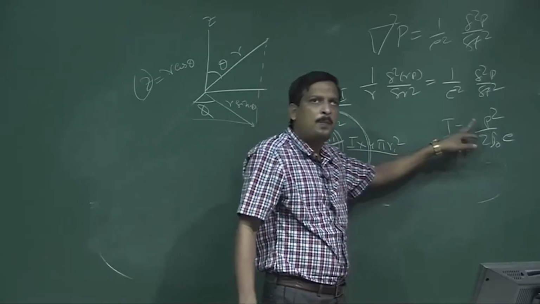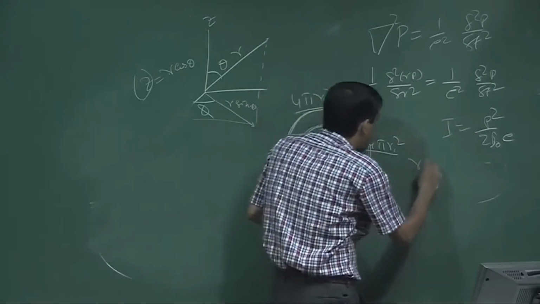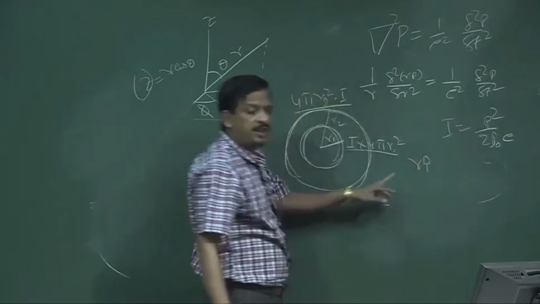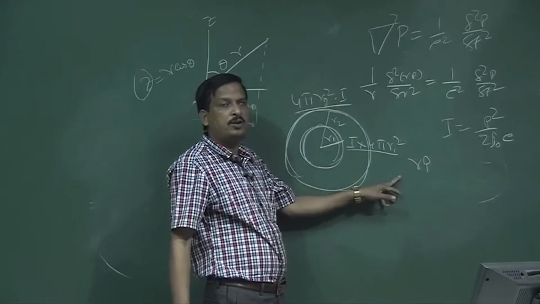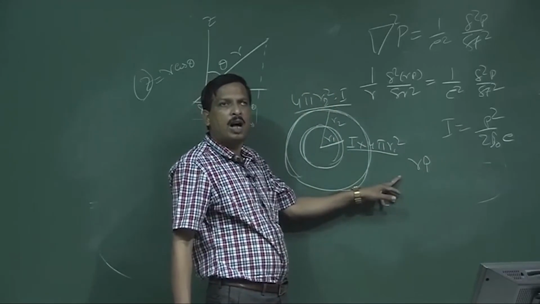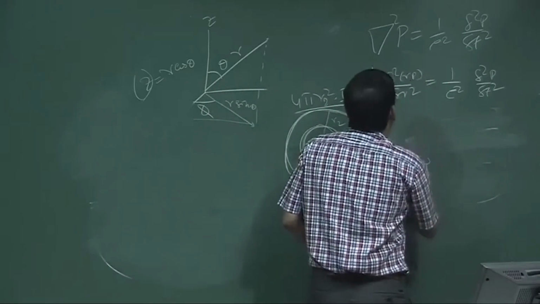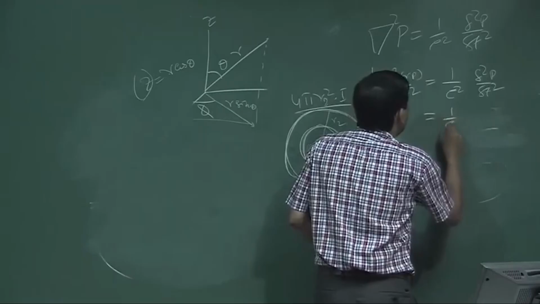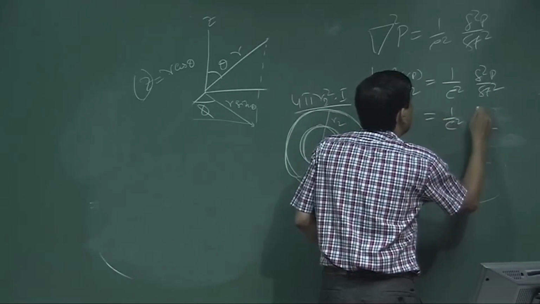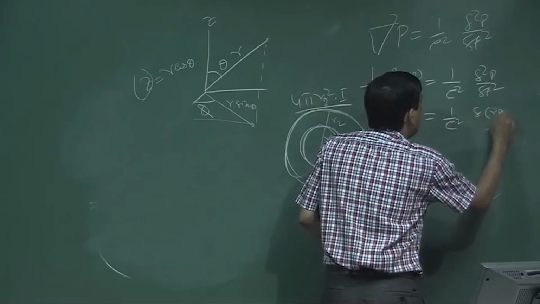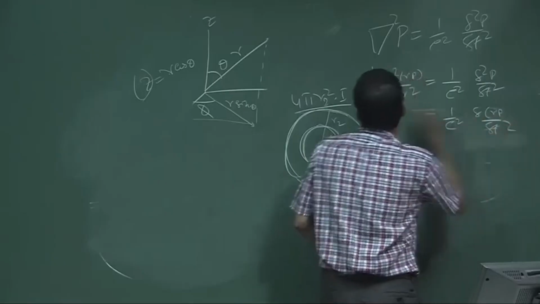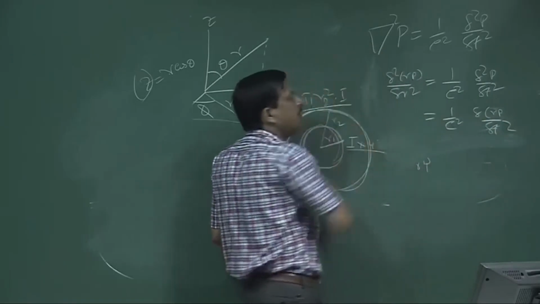So, instead of p, I consider rp as the parameter, rp is the pressure amplitude which is independent of r. So, instead of p, here I consider rp as the function. So, I can write rp divided by del t square, and this 1 by r will not be there.